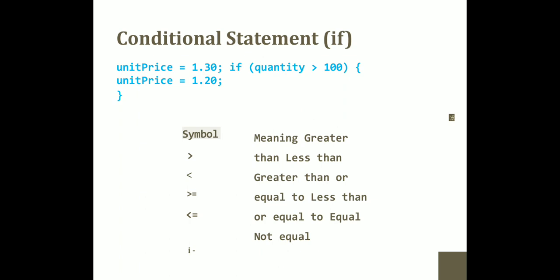You can see in the examples, like the conditional statement, how to use it in statements. For example, we have given unit price equals 1.30, and if quantity is greater than 100, unit price will be 1.20. So this is the simplest way to include a conditional statement in your block of code or program.